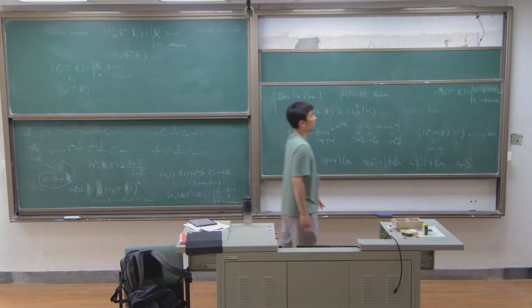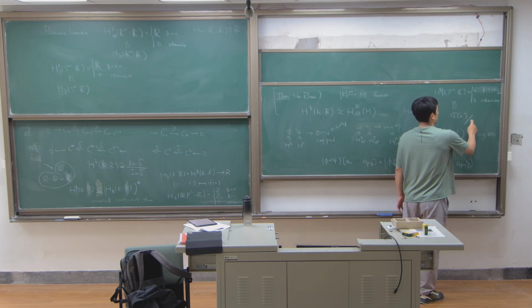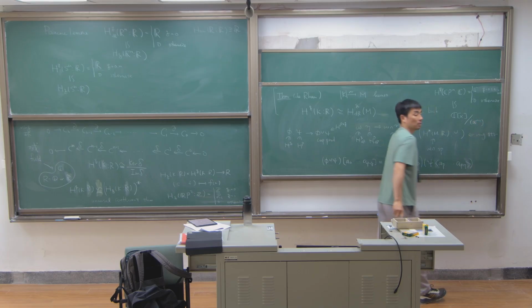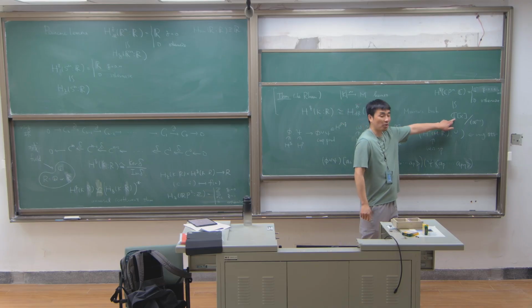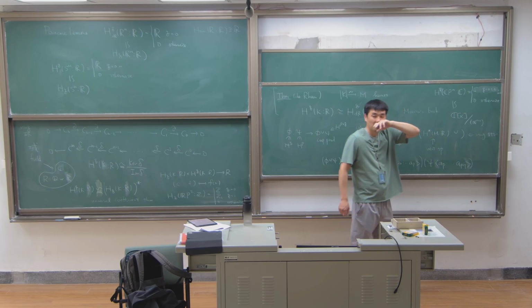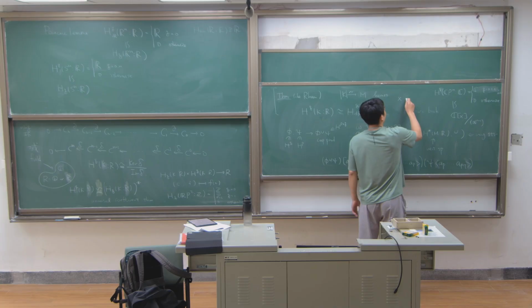In fact, the ring structure can be understood as C[x] modulo x^{n+1}. As a ring, this is a polynomial ring quotient by the ideal x^{n+1}. And x is a generator of H^2 of CP^n.